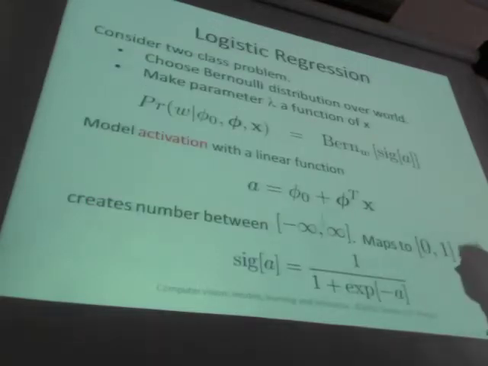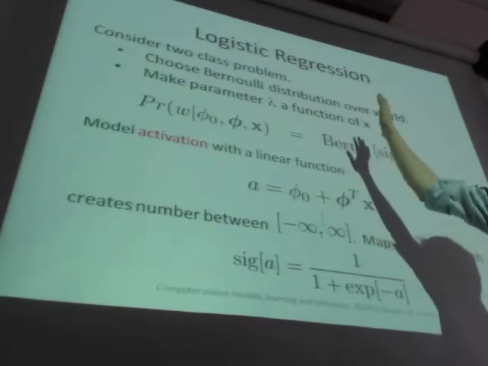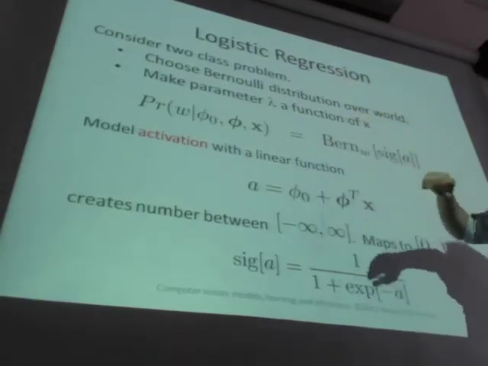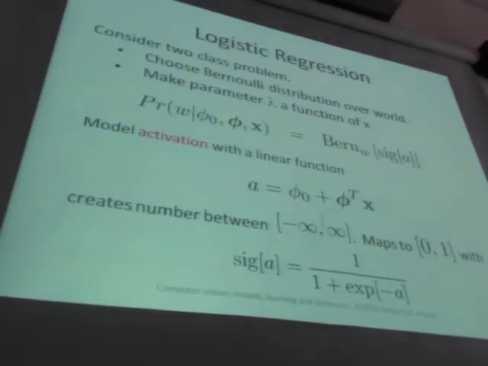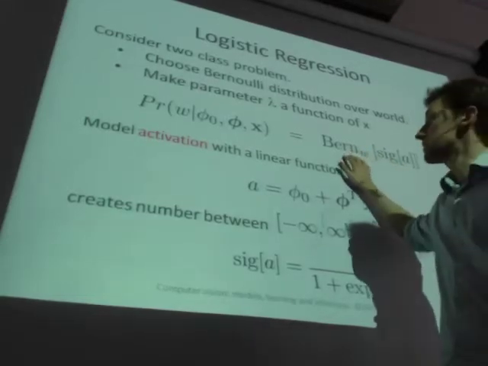So, for our logistic regression classification, right? Remember, focus on the logistic. We're going to say the distribution that we choose for W is going to be a Bernoulli distribution. Bernoulli distribution is basically this binary distribution that says, okay, we've got sort of a histogram of how likely it is to be W0, how probable it is to be W1, right? And by changing the parameter lambda, we can make one or the other more likely, right? If you're flipping coins, hopefully the coin is fair, and so those are equal. So we want to have a Bernoulli distribution.